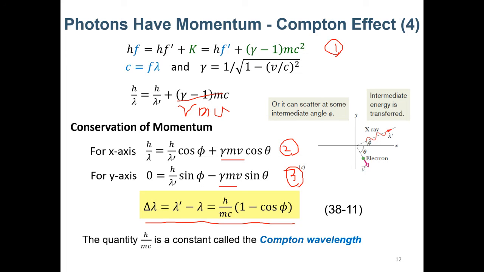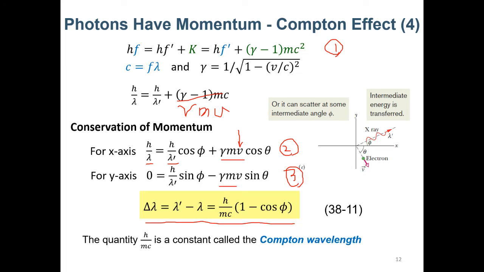It's just some algebraic calculation, because lambda prime is unknown, and v is also unknown.